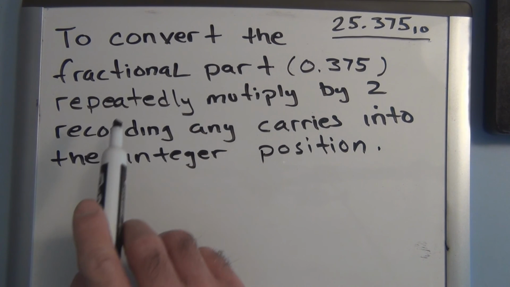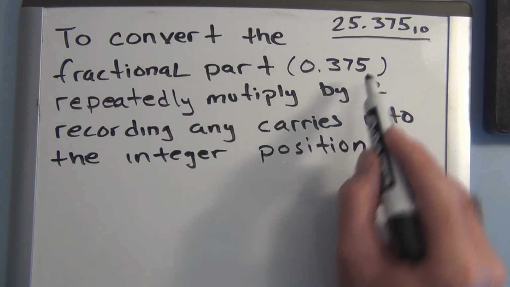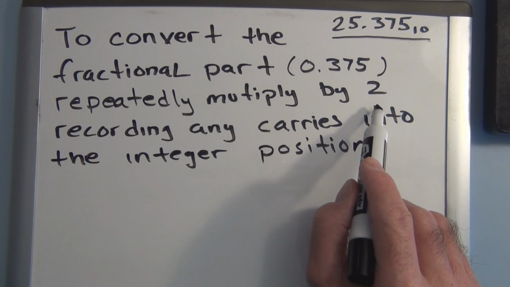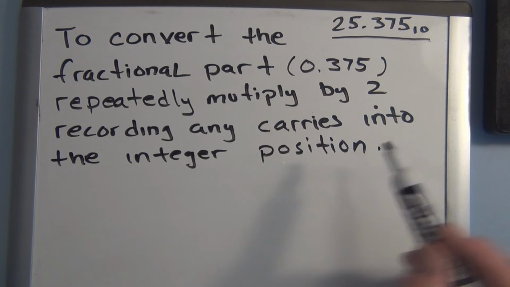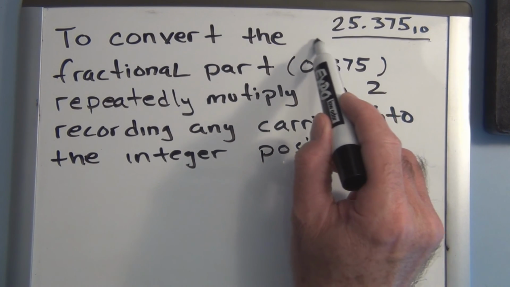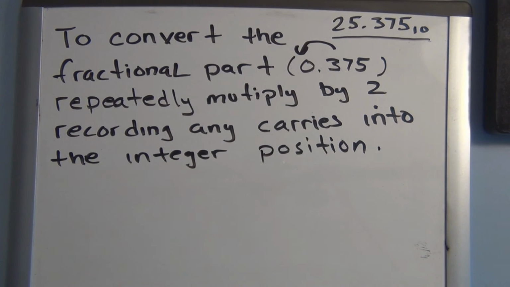What we do to convert the fractional part, in this case 0.375, is repeatedly multiply by 2 and record any carries into the integer position. So when we multiply by 2, anytime we get a carry into the integer position, we're going to record that. And it's either going to be a 0 or a 1.